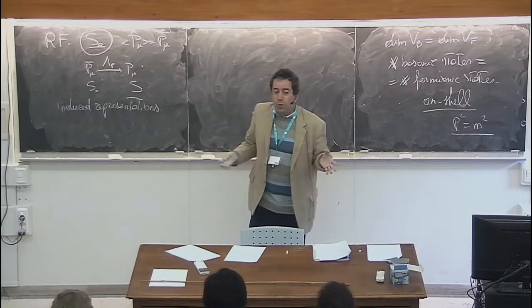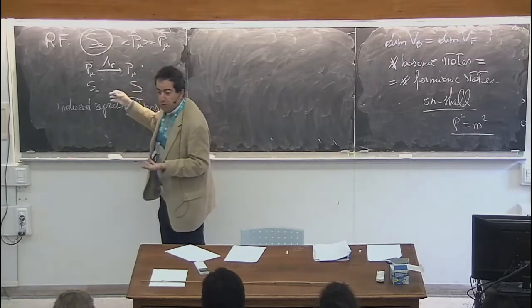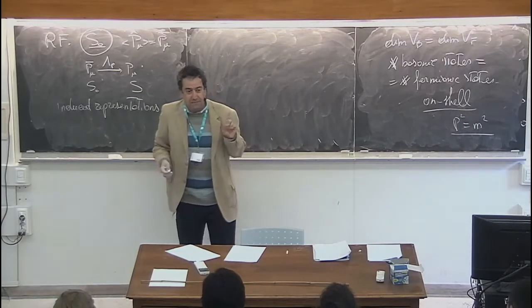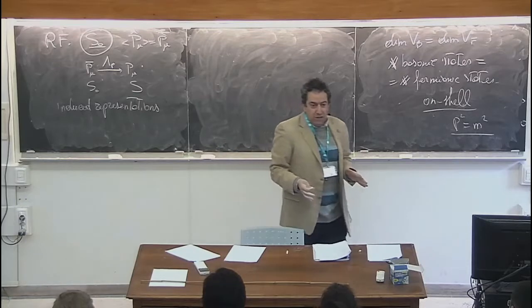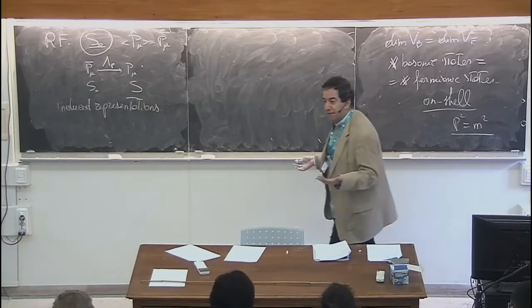We need to know what the little group is, the subgroup of the super Poincaré which leaves P bar mu invariant. That depends on the on-shell condition, that is, on the mass of the particle.